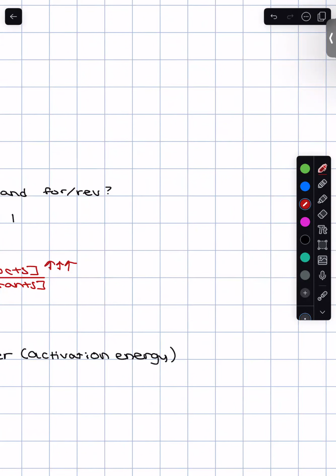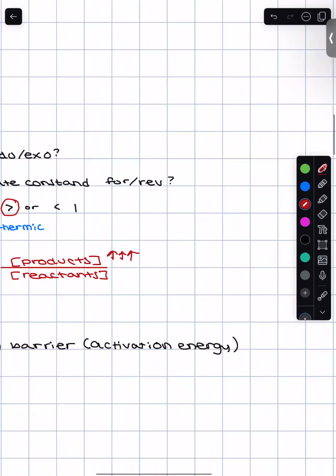I was going to say they will give this to you on your supplemental information for your exam, because there's just one equation I need to point out to you guys.